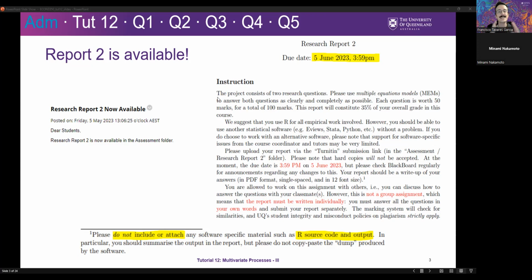First thing, the length. You can probably have a good answer with 1,000 words for each question, maybe a little more, but that would be reasonable. There is no penalty for writing more if you feel like it.